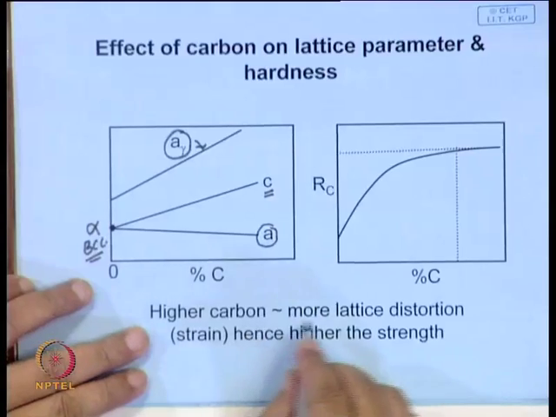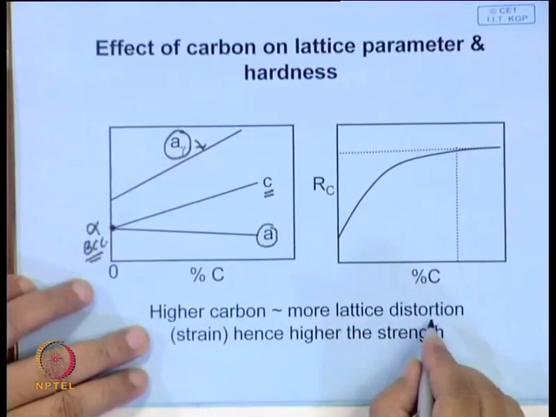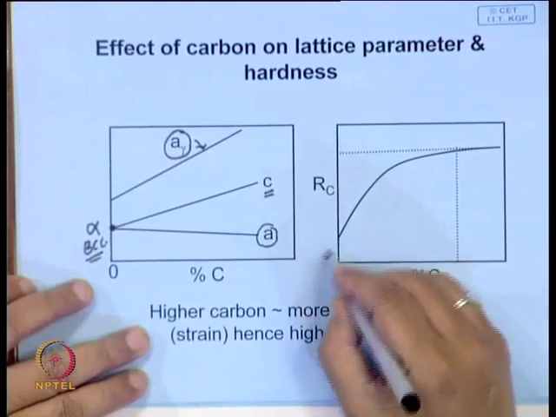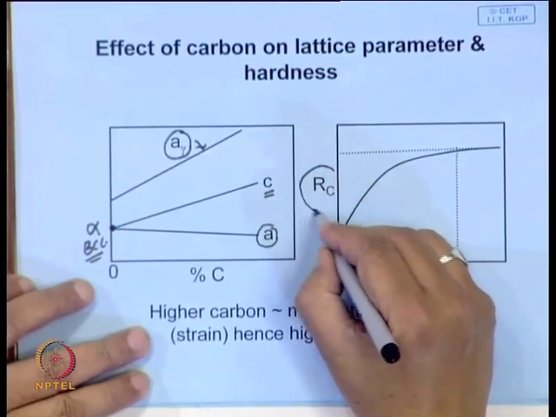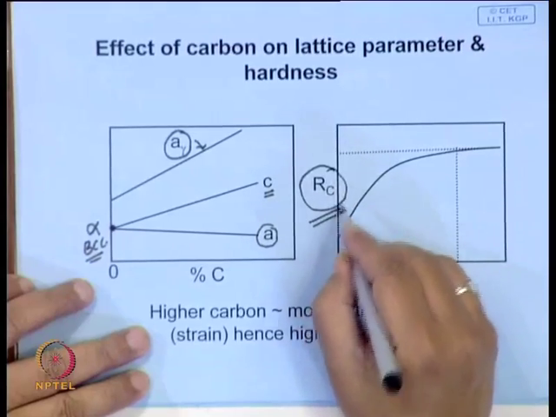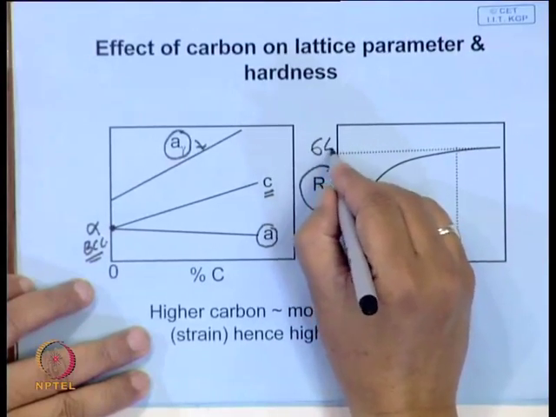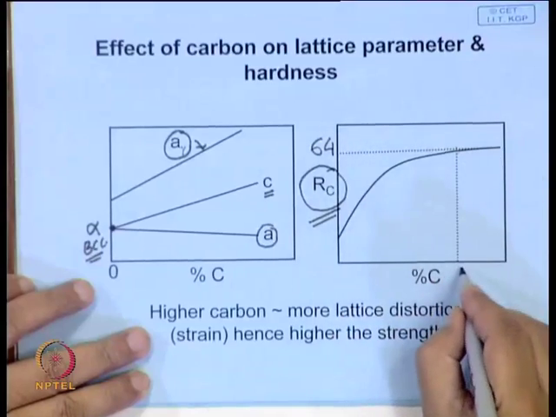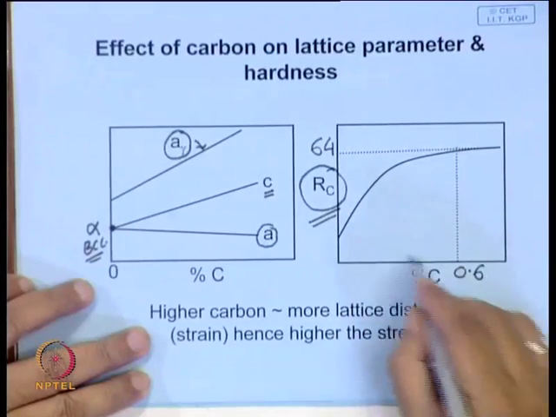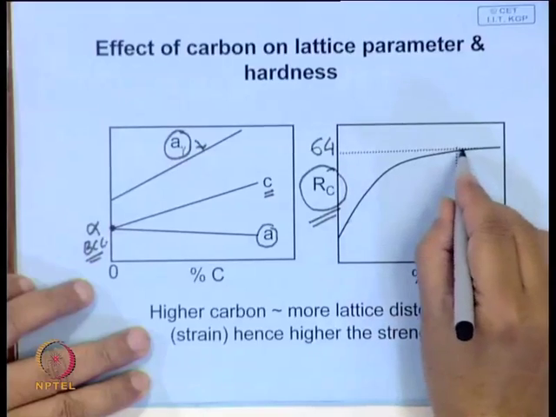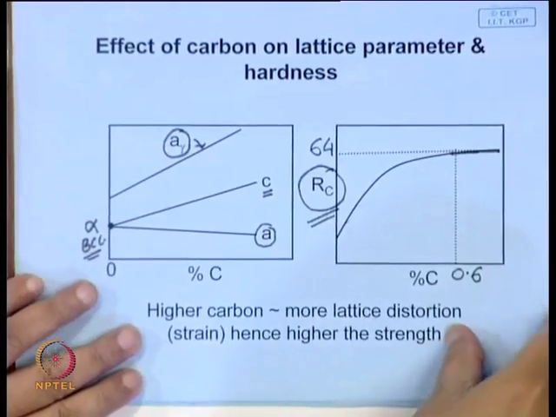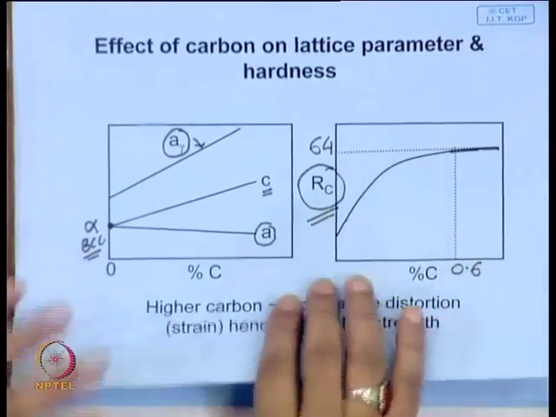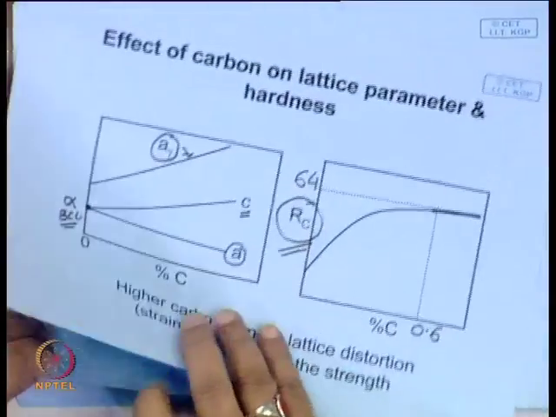So, the higher the amount of carbon, the more lattice distortion, and this reflects in the strength of the martensite. Martensite very often on an engineering scale is measured by Rockwell hardness, HRC, which is around 64, and when the carbon goes to around 0.6%, this hardness of 64 is attained. Beyond this, the hardness increase is nominal, which does not show in the Rockwell hardness scale. So, we stop right over here.